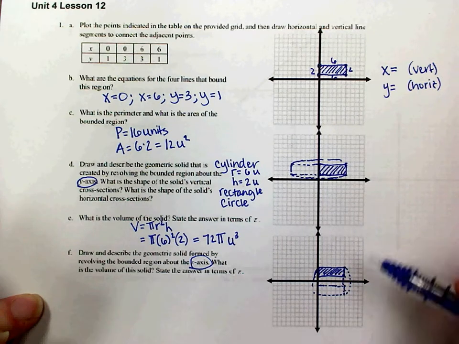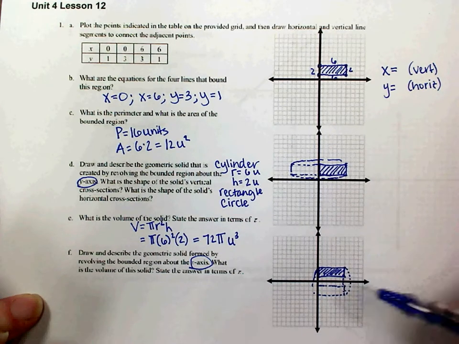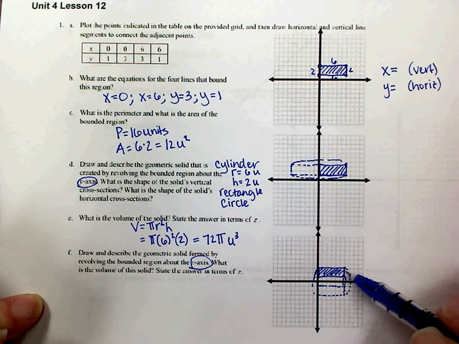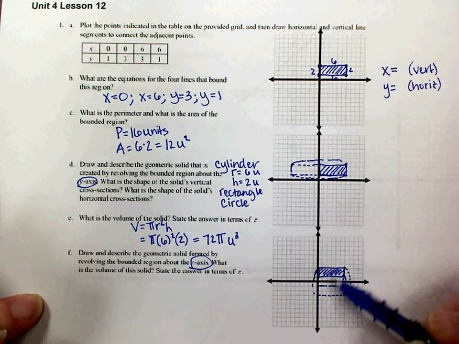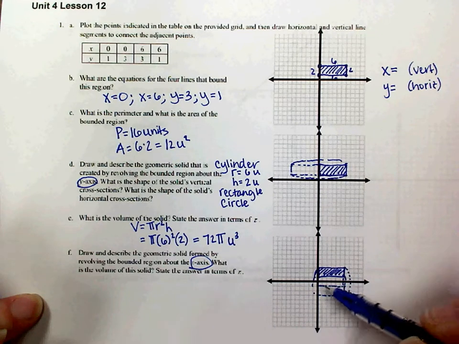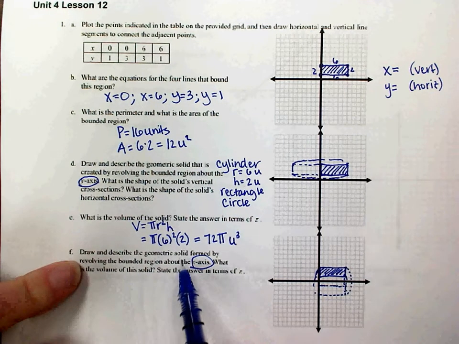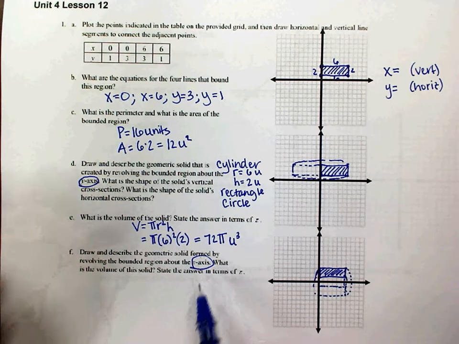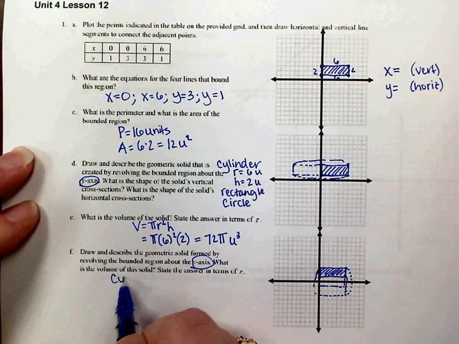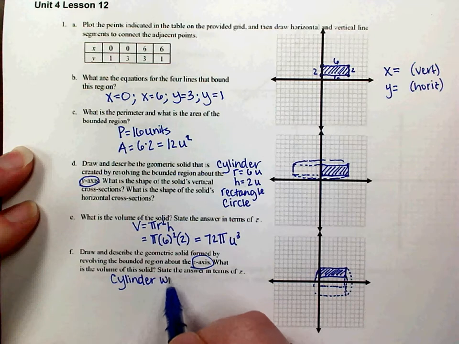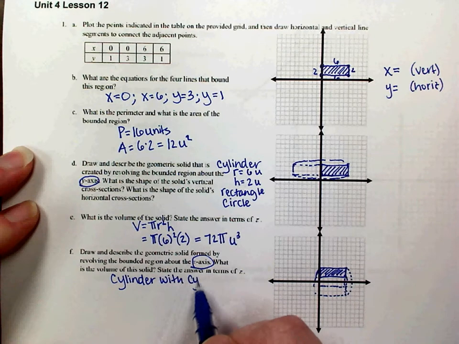So it's kind of like a toilet paper roll figure that's created because we have this cylindrical motion that's happening, but we've got this void in the center, which is also another cylinder. Okay, so when we describe the geometric solid formed, we're going to say it's a cylinder, but it's not a solid cylinder. It has a cylinder removed from the center.